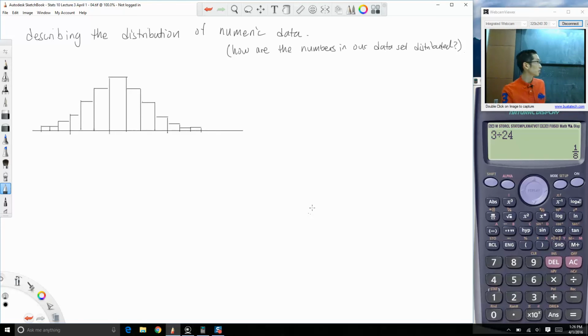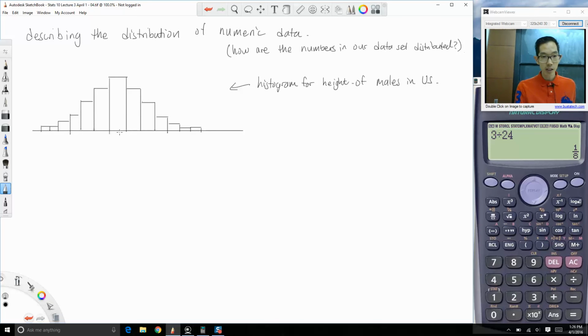Okay, so here's a histogram. Perhaps this is the histogram for height. Okay, and so let's do a height of males in the U.S.